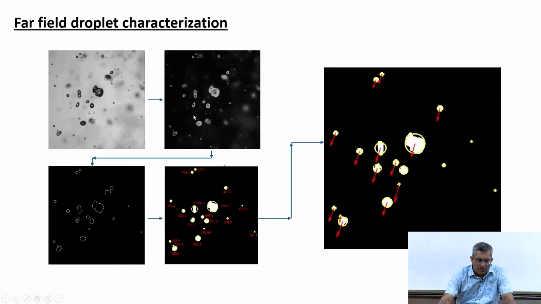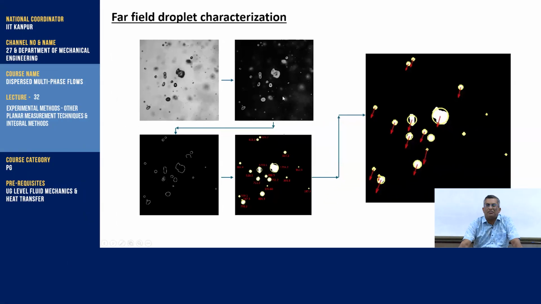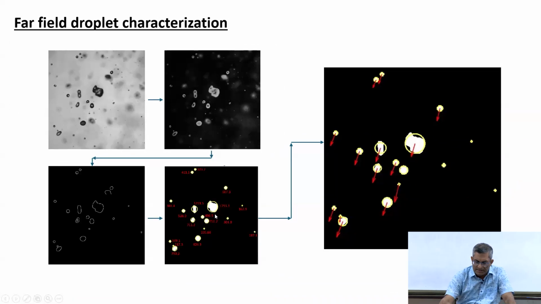So, this is an example of how we identify and measure particles in the shadow imaging technique. This is a typical shadow image, and this image you get after you subtract the background. Before capturing the images, we should always capture the background image, and then you can use some edge detection algorithm, along with image binarization, to identify the particles like this.